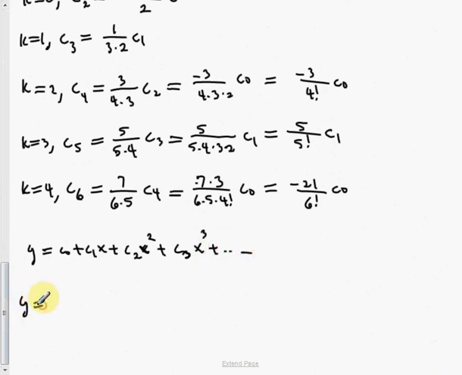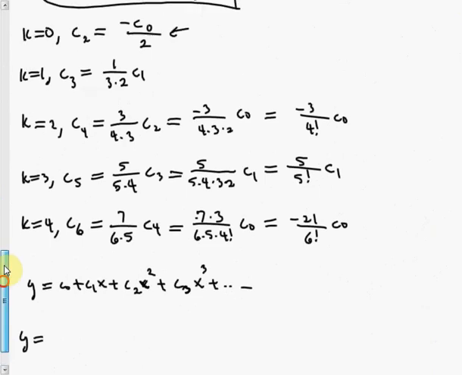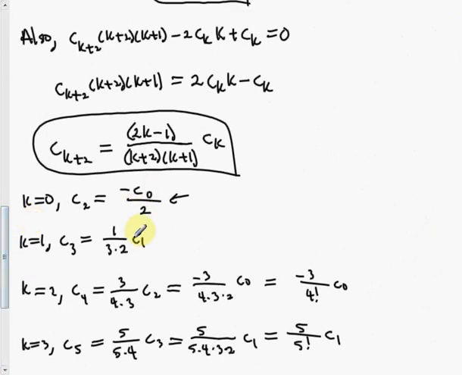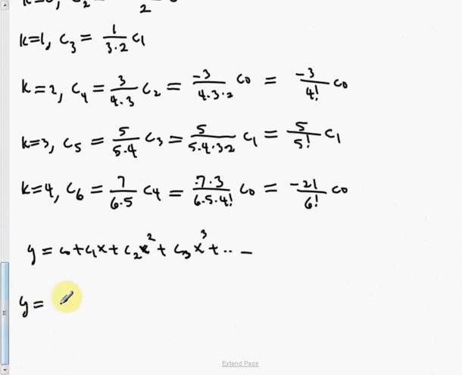So here y is equal to, and if you recall, C naught and C sub 1, they were the initial movers. Everything depends on them. So we don't know what they are, so we plug those in, plus C sub 1 times x.